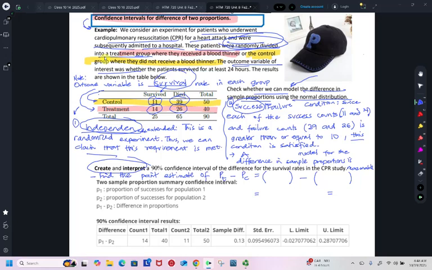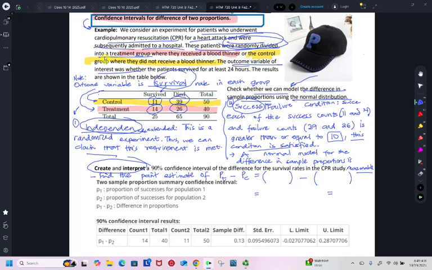So this condition is satisfied. This 10 is a threshold value that is very important for the results of this analysis to hold true. So a normal distribution model for the difference in sample proportions is considered reasonable.